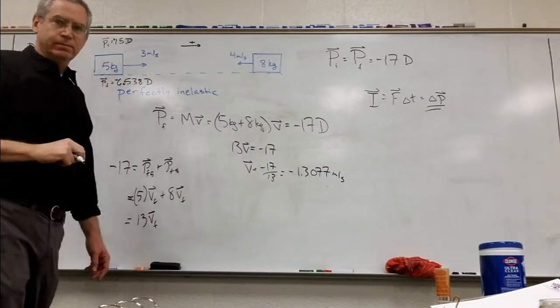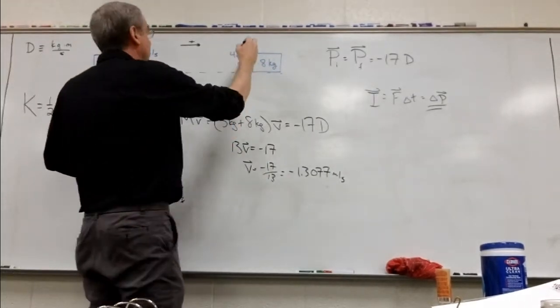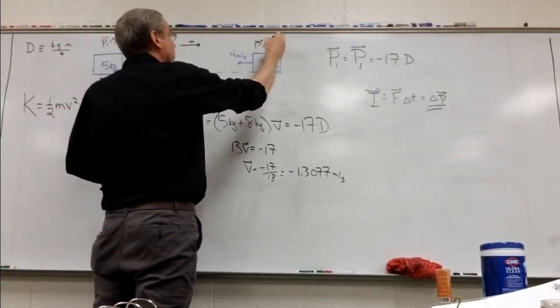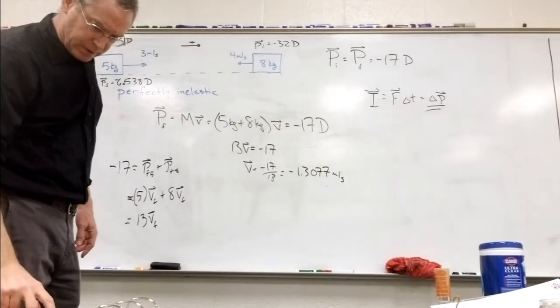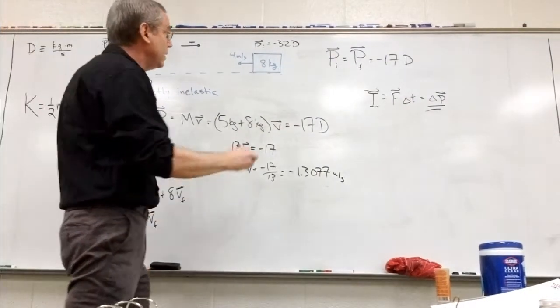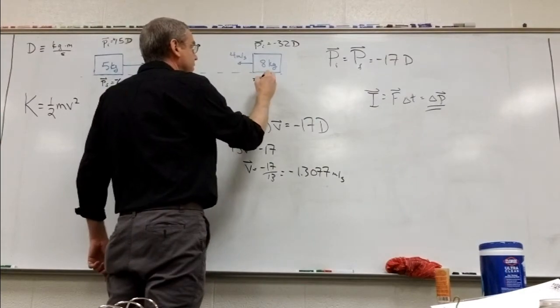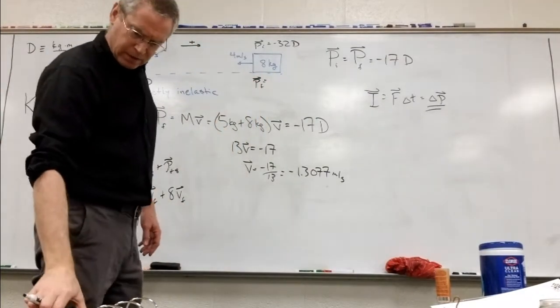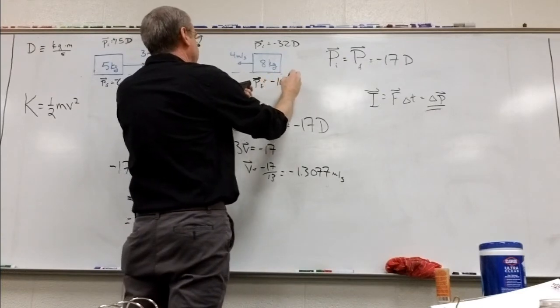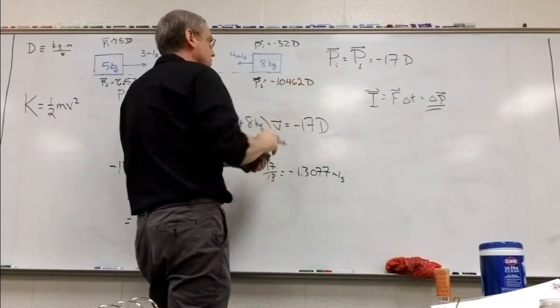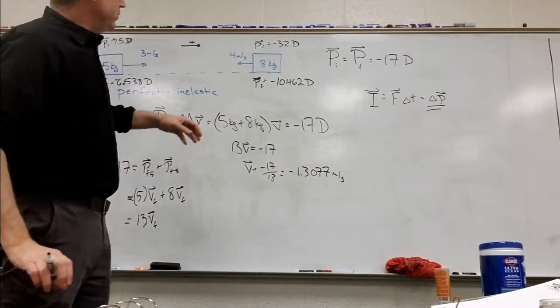Over here, the initial momentum of this was negative 32 Descartes, and then afterwards, P final is negative 10.462 Descartes.